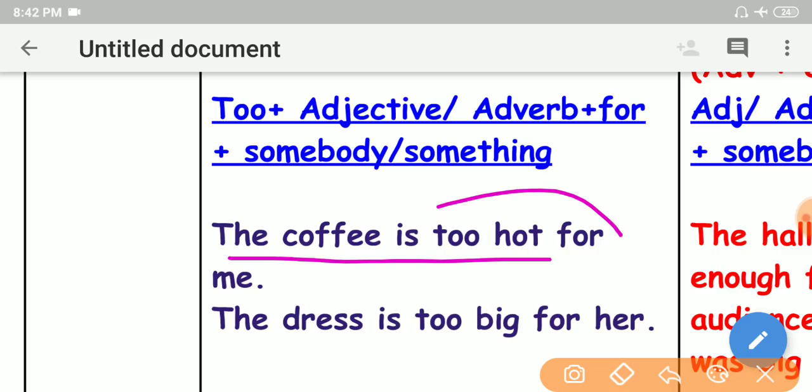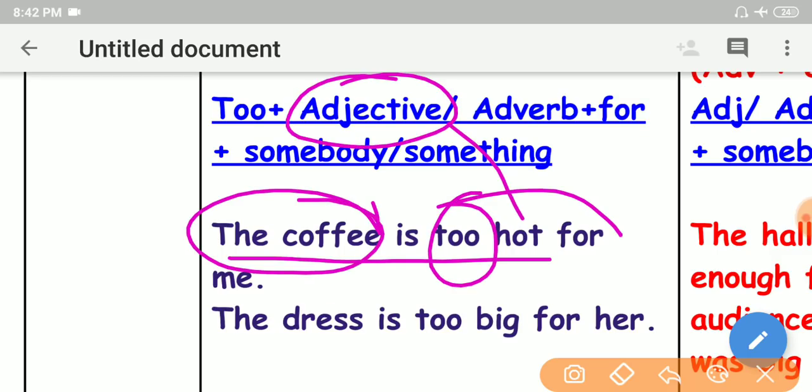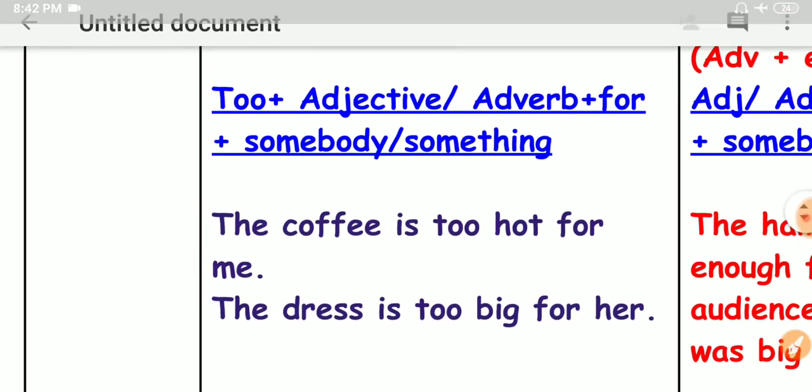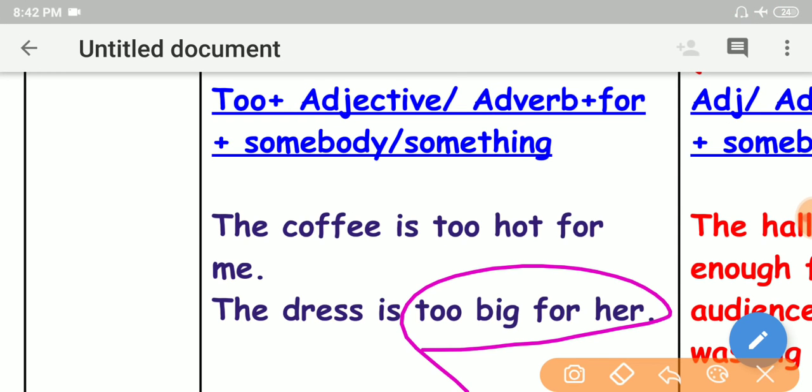Earlier we used the infinitive pattern, but here the coffee is the subject, "too" is used, "hot" the adjective is used, and "for" plus somebody, which means me. The dress is too big for her. Again, somebody.